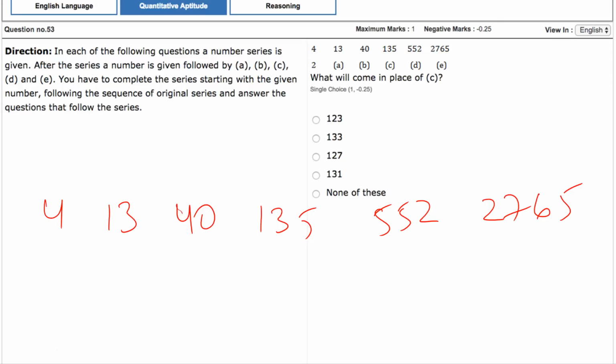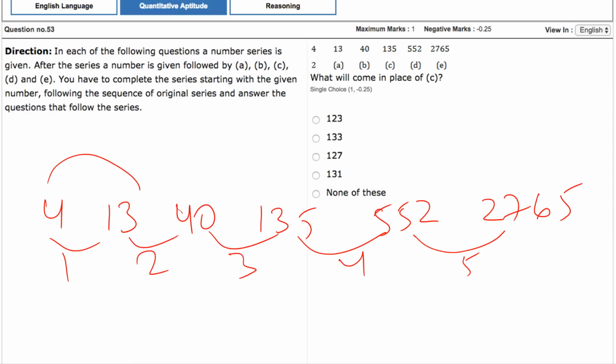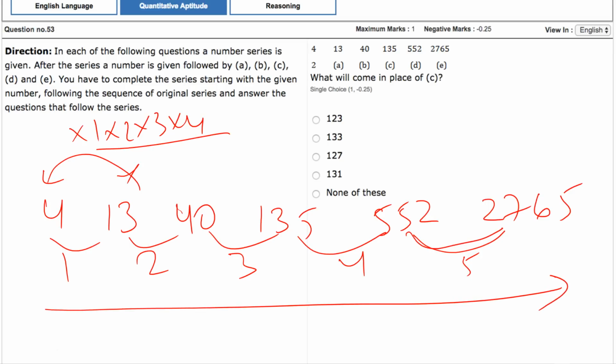Again, if I see here, this is not 6 times, this is roughly 5 times, this is roughly 4 times, this is roughly 3 times, this is roughly 2 times, and then this has to be 1. If I started to figure out from this end, I will not be able to understand whether it is 1 time or 2 times or 3 times or 4 times minus something. I will not be able to do it. So if the numbers are increasing in a very quick or fast manner, then you clearly know there is multiplication involved, and you always try to figure out the relation from the larger number.